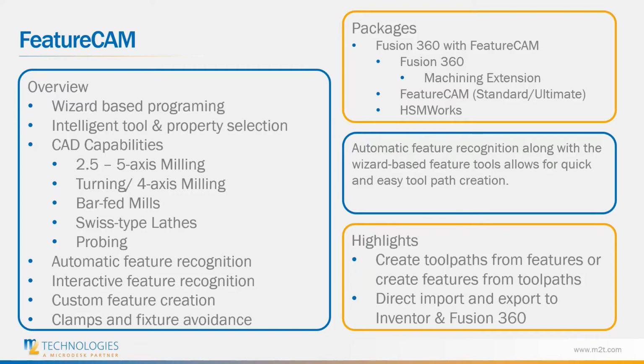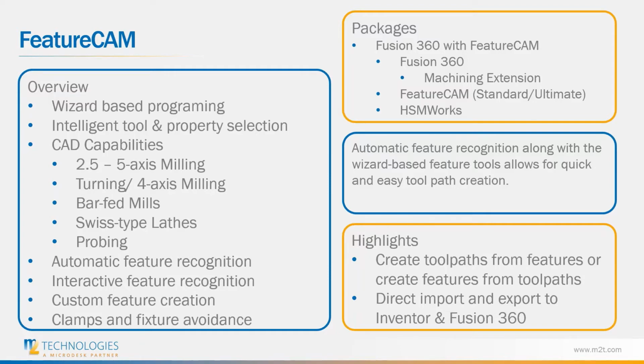So the automatic feature recognition, along with the wizard-based feature tools, allow for quick and easy toolpath creation using FeatureCAM. A few of the highlights here are being able to create toolpaths from features, but you also have the ability to use the wizard to create new features by designating feature type and creating those toolpaths.